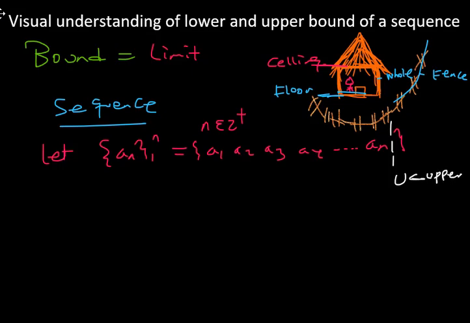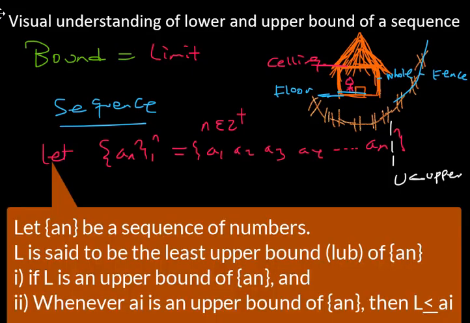This sequence is bounded, limited, by u. Therefore we say that u is greater than or equal to every element of the sequence, which I can write as u ≥ an, with n starting from 1 up to n.